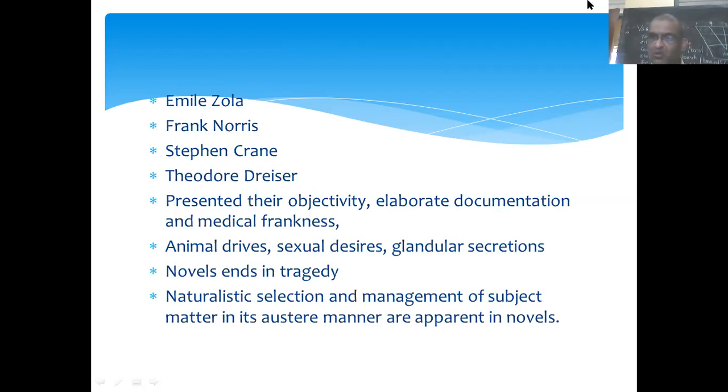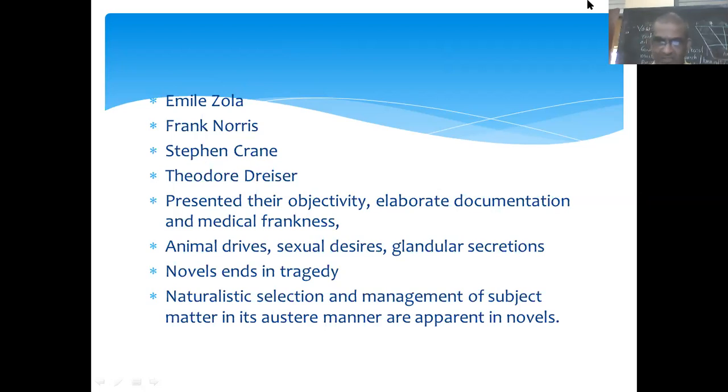Much more objectivity is presented in the form of novels, and they resort to medical frankness, to the biological changes that occur in the human body, in the human psychology and human physique.